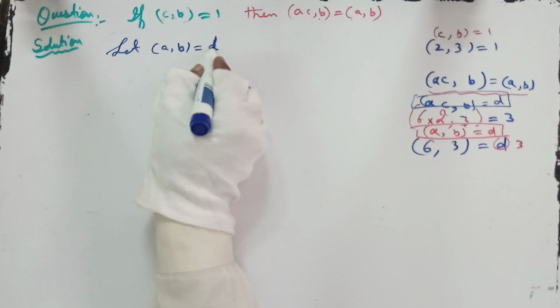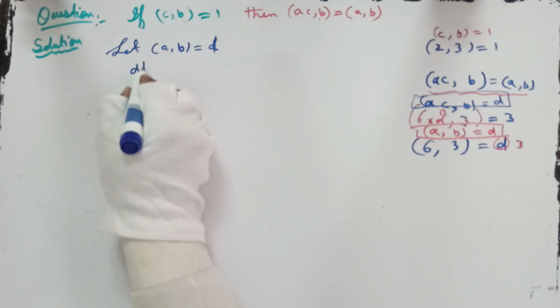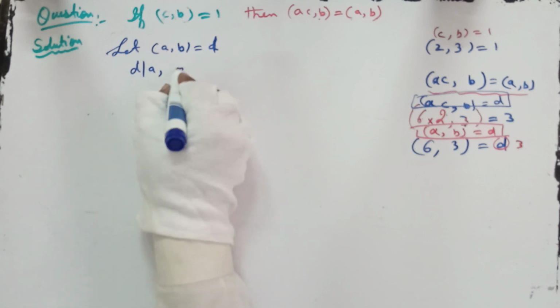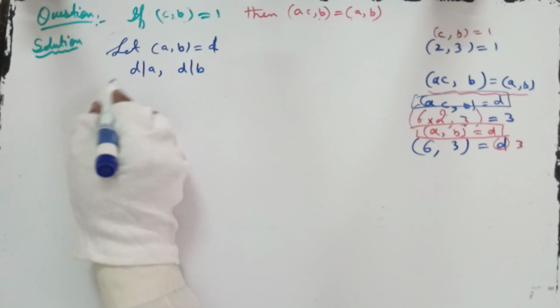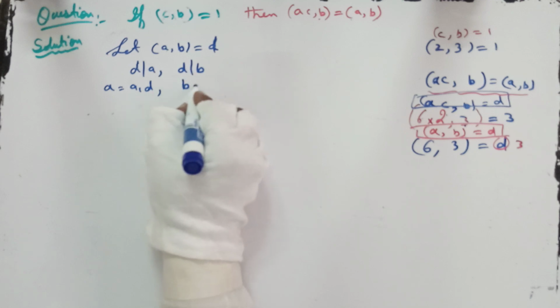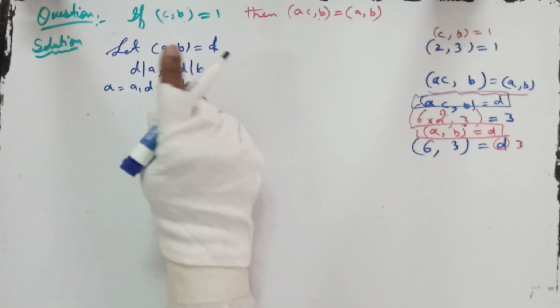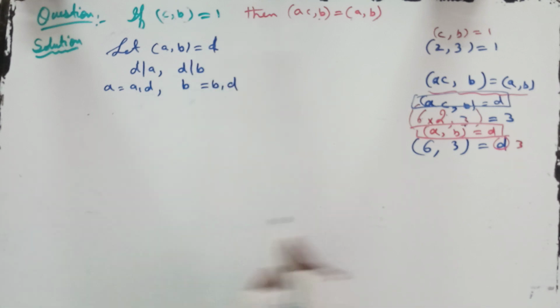If D is the greatest common divisor of A and B, then D divides A and D divides B. As you know, if D divides A, then A can be written as A1D, and B can be written as B1D. How?